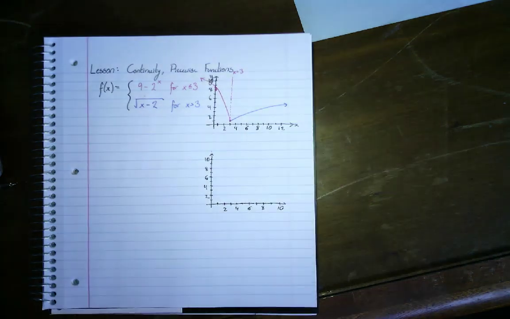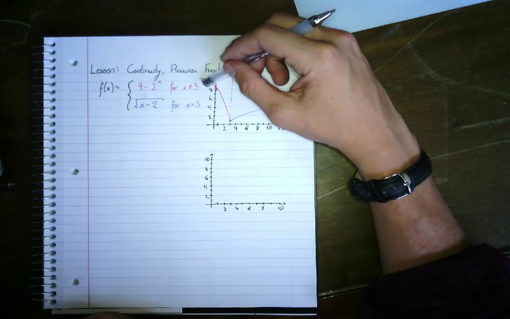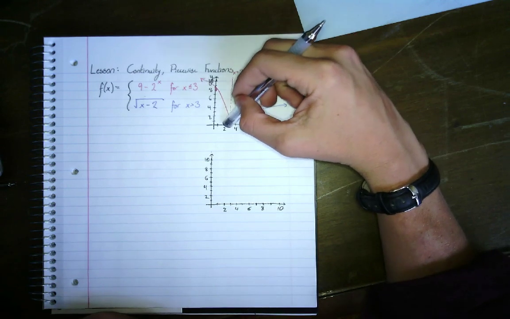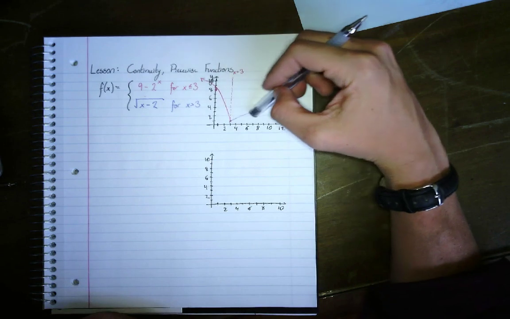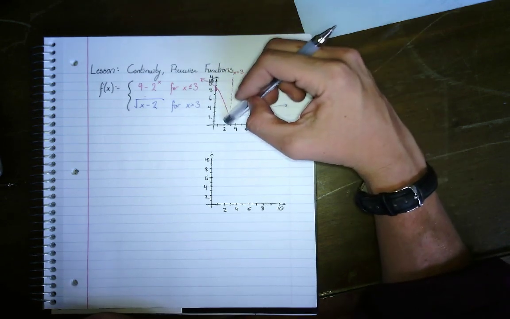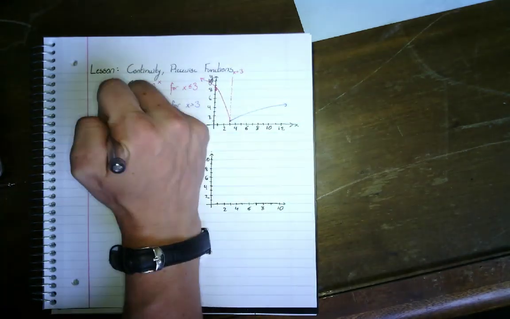It's going to look like that. That's really all there is to drawing these piecewise functions, but notice that as I am tracing this, my pen never leaves the graph, my pen never leaves the coordinate plane to get to the next part. So this is going to be a continuous function.